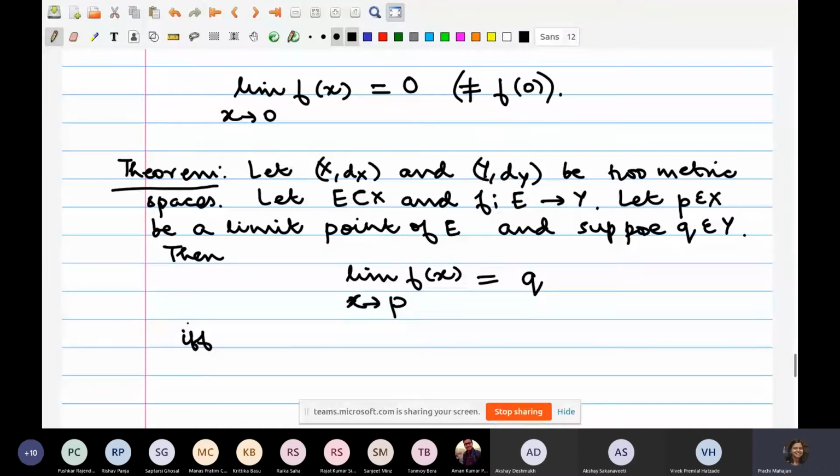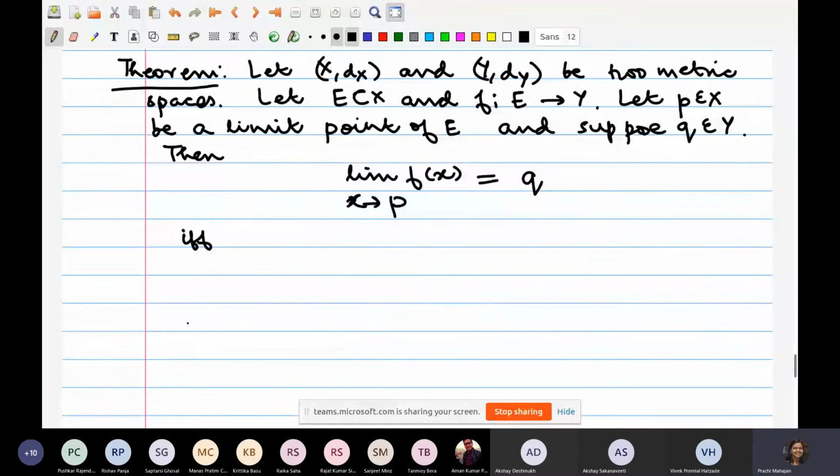To give an equivalent criteria in terms of sequences. So I would say that the limit of the function f at the point P exists and equals Q. Let me just fix this, it's rather sloppy. A little better now.